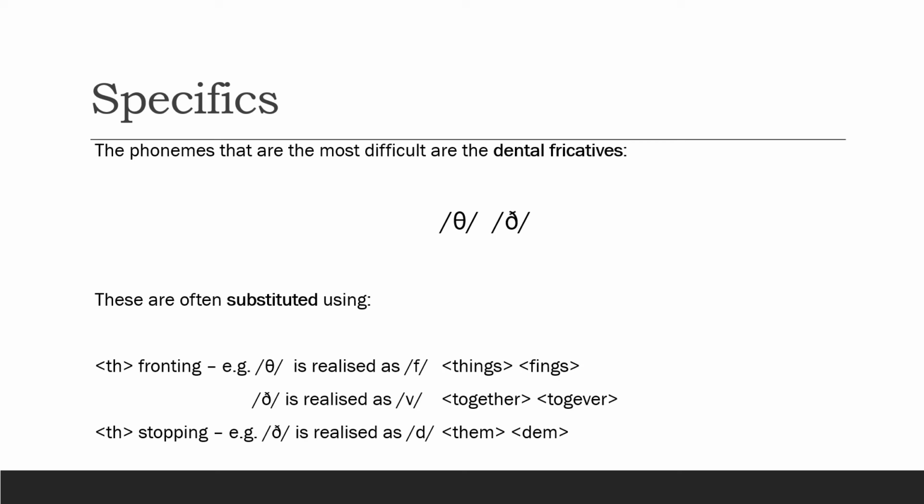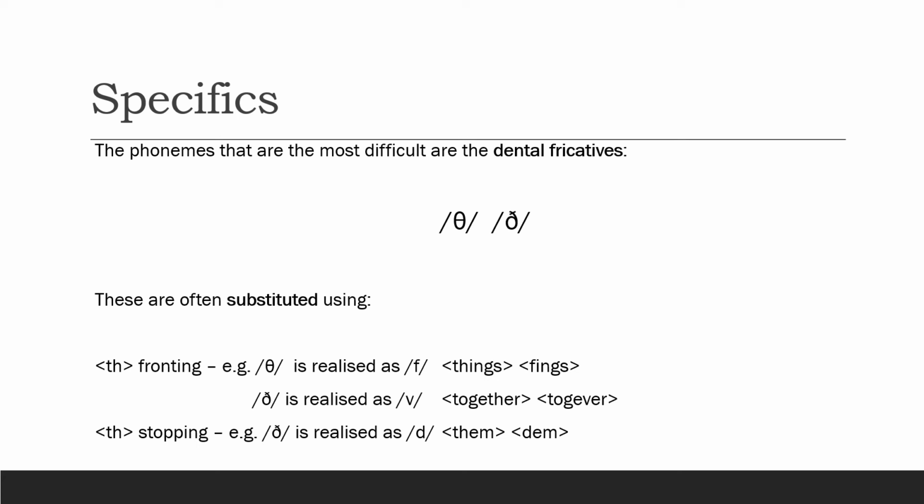And here we have the substitution inside a word, and so we go from together to togevver. But also we might see this in things like this might change to vis as well. That's a common one.